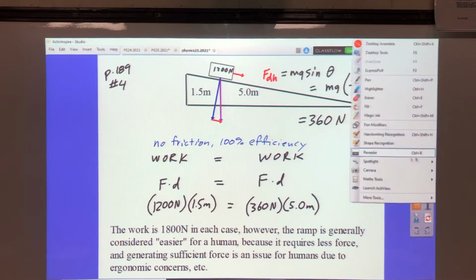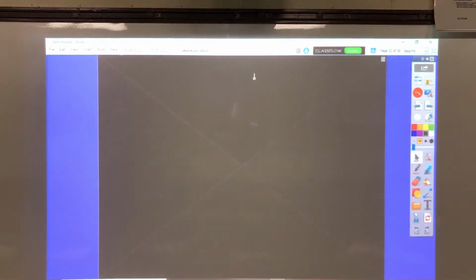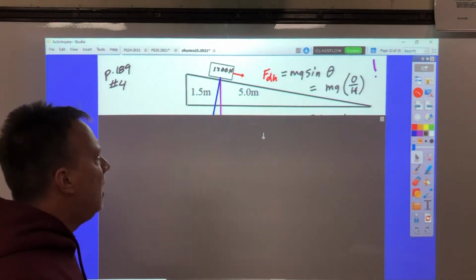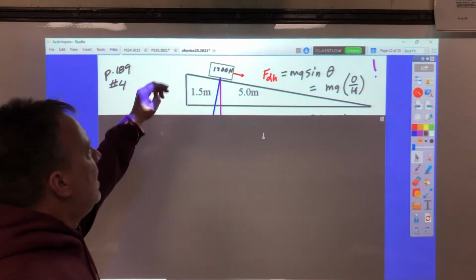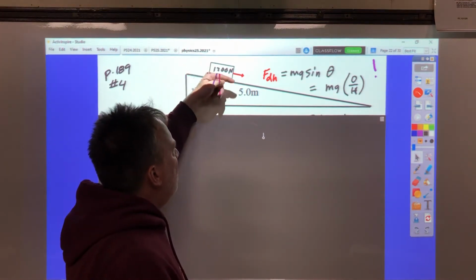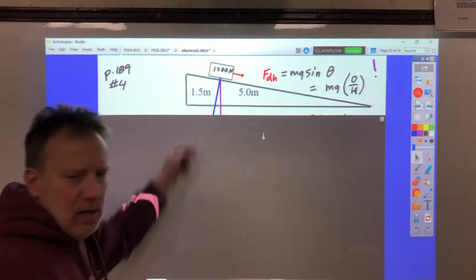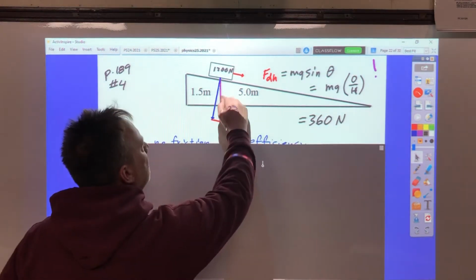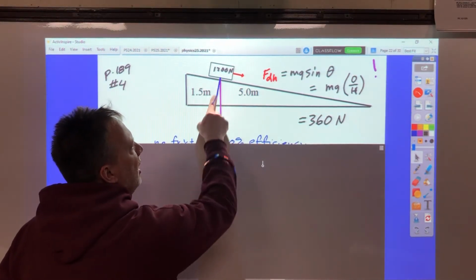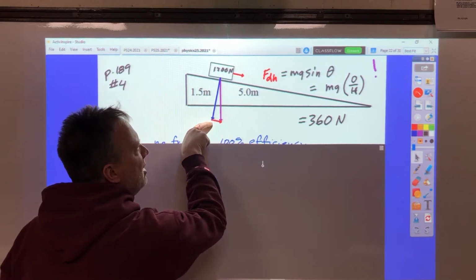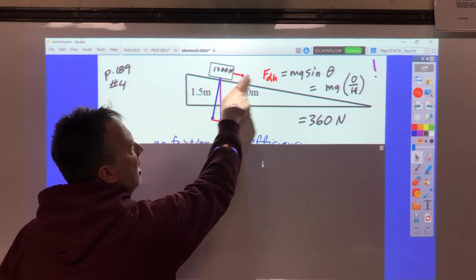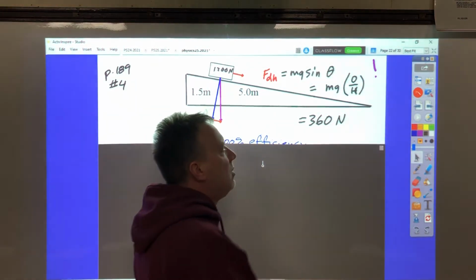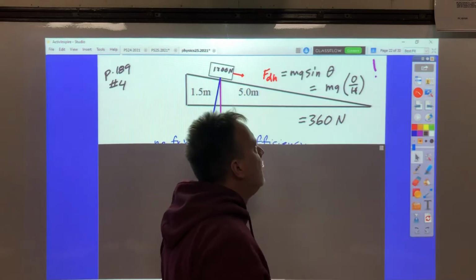So here's the way you would have probably done this if you did this problem like you should have before you looked at the answer on here. You would have calculated, oh, we've got a downhill force, and the purple line here is mg, the weight, and we don't have friction, so I don't have to worry about this normal force, but my downhill force is mg sin θ, and here's where I had my flash of inspiration, so I got a purple exclamation point.